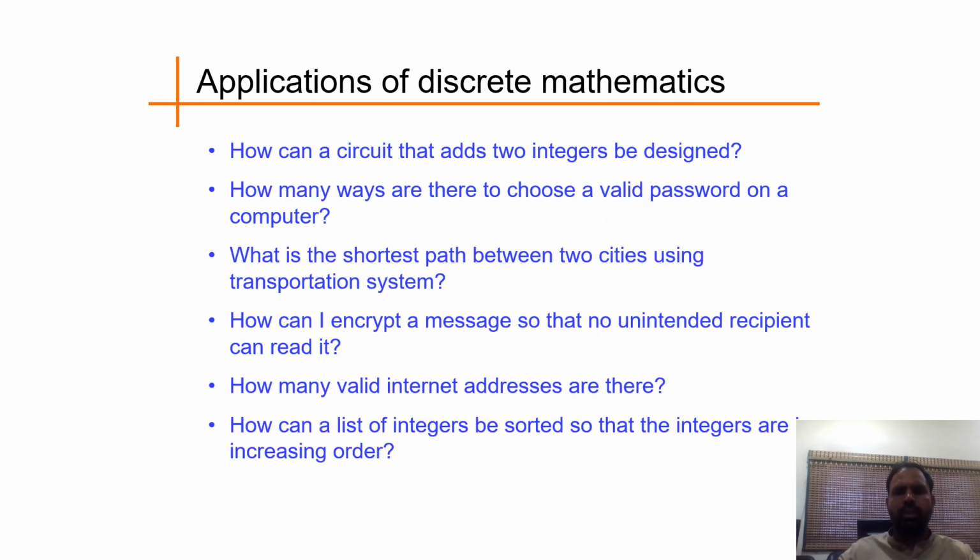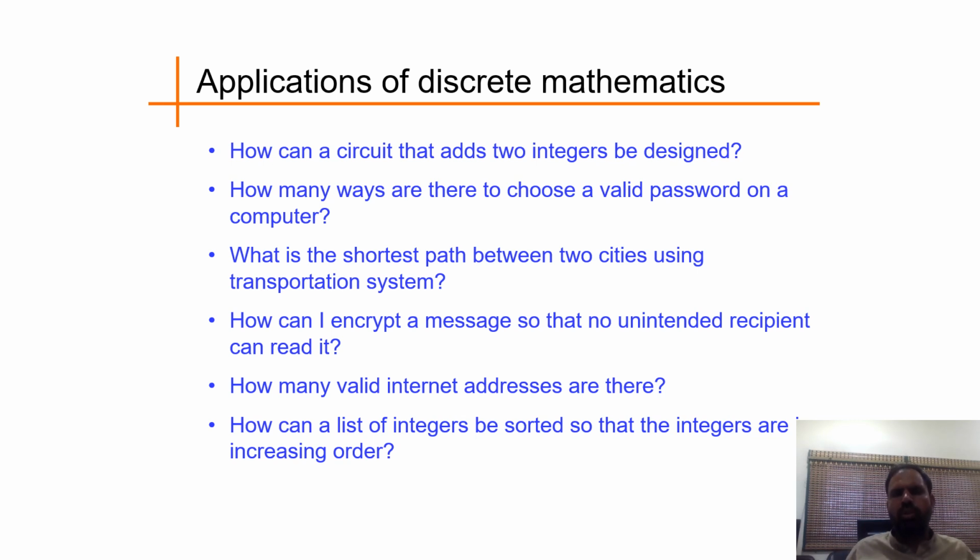Applications of discrete mathematics. There are a lot of applications of discrete mathematics in real life. For example, how can a circuit that adds two integers be designed? How many ways are there to choose a valid password on a computer?